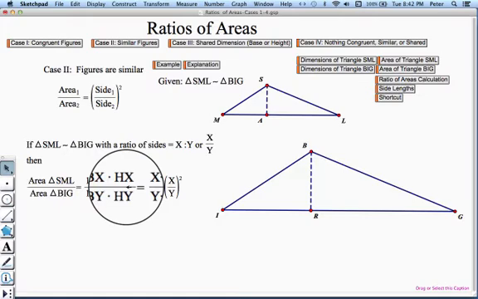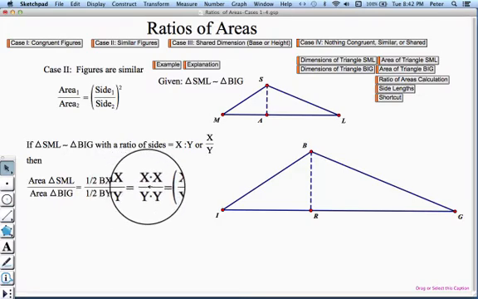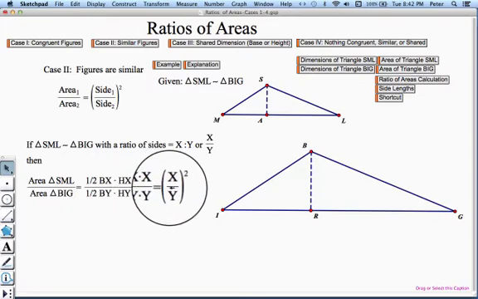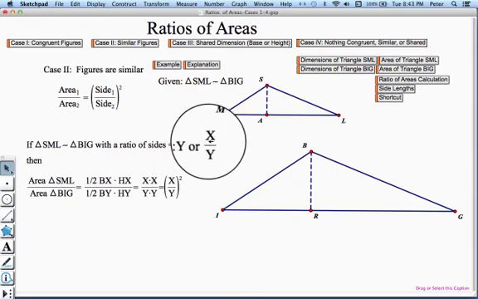So if we cancel out common factors in the numerator and the denominator, what we'll be left with is x times x over y times y, which can be simplified as x over y squared. But x over y squared is the same as the ratio of the sides squared.